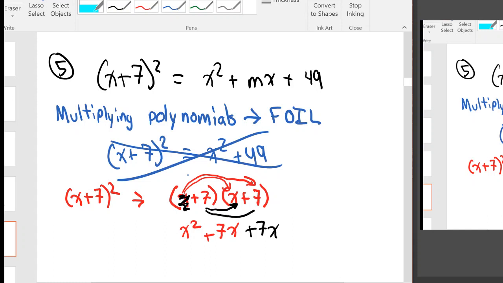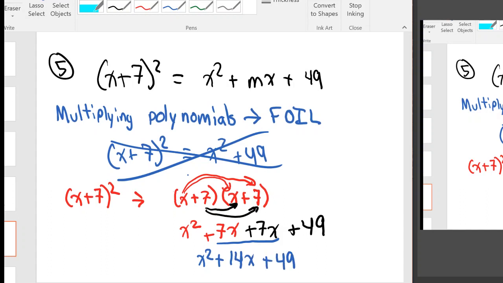And it would be 7 times 7, which is plus 49. Now let me uncover everything. If I solve this out and combine my like terms, I'm going to get x squared plus 14x plus 49.